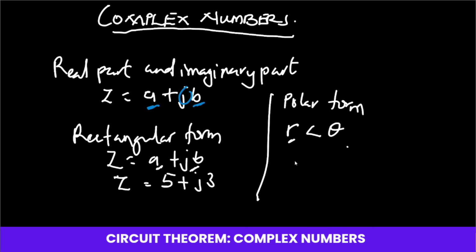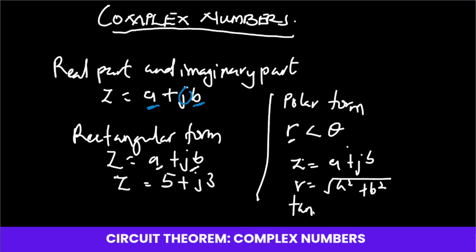Given z is equal to a plus jb, the magnitude is the square root of a squared plus b squared. And the angle theta is given as tan inverse of b, the imaginary part, all over a, the real part.